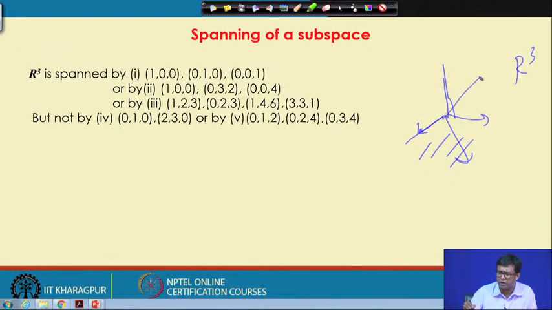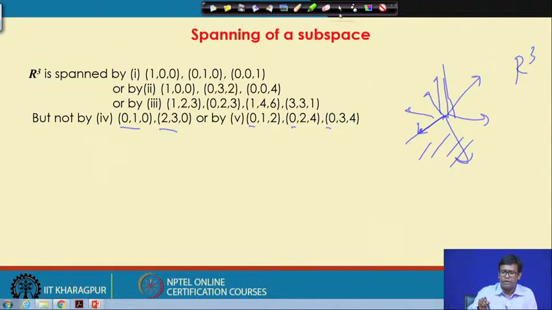I cannot obtain a vector which has a component in the z direction by linearly combining these two vectors. So, they do not span R3. Similarly, 0 1 2, 0 2 4, 0 3 4: though there are 3 vectors, all of them have a 0 in the x direction. So, all these vectors lie in this plane, and they do not span R3.